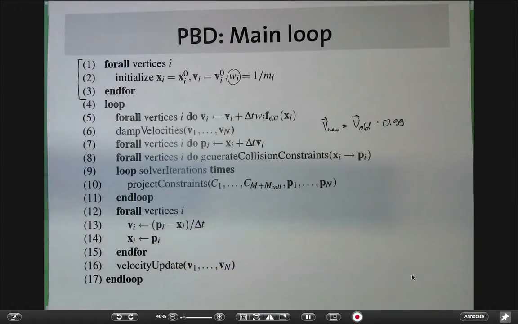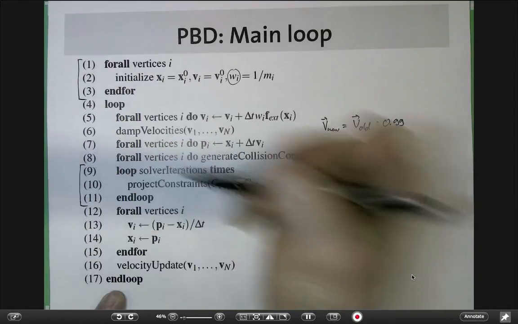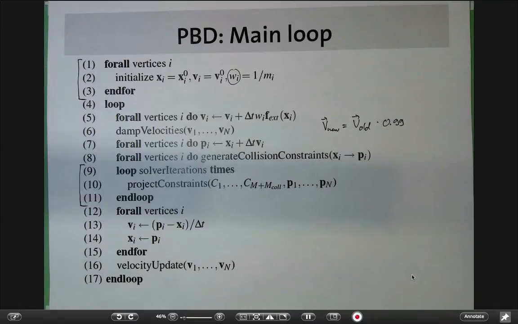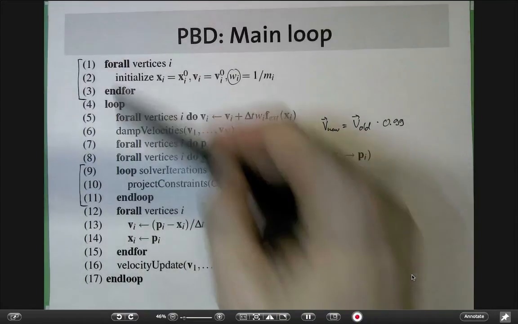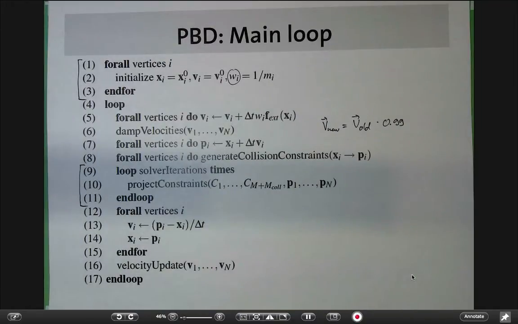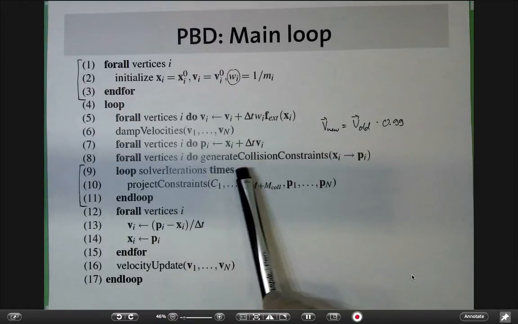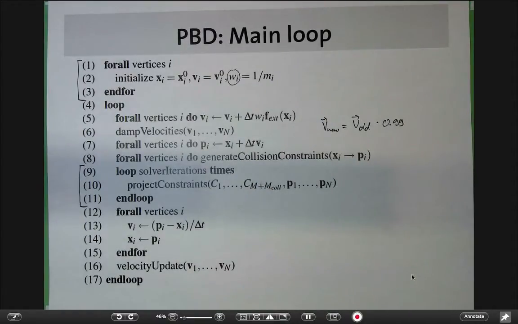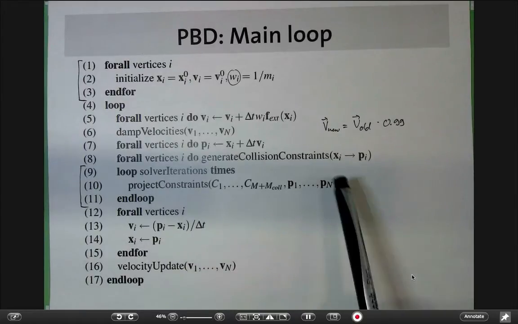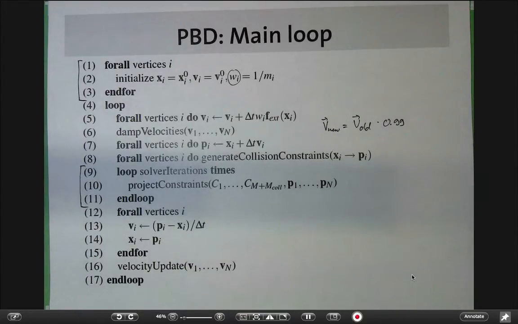What is really important are steps 9 to 11. This is the constraint projection loop, and it's a subloop of the main simulation loop. So this whole thing is usually repeated several times. The number of times this is repeated is another parameter of PBD. And here is where the main solver of PBD happens.